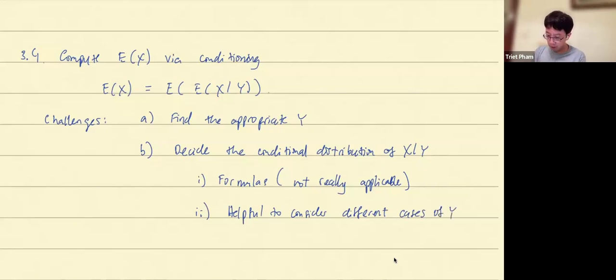And that's the reason why you choose the appropriate y to begin with, meaning that when you choose whatever you choose to condition on, with different cases, with different values, then you can clearly understand what this is. That's the point, right? If with different cases of y you don't understand the conditional distribution, then probably what you're choosing to condition on is not the right one. It's not the helpful one, okay?